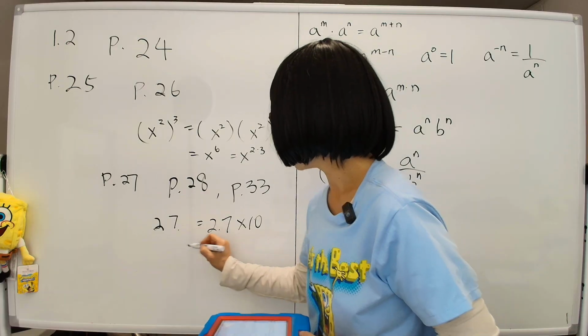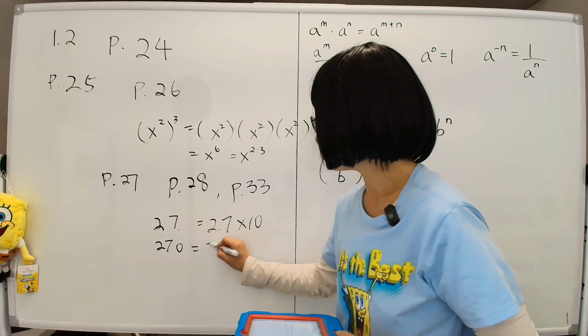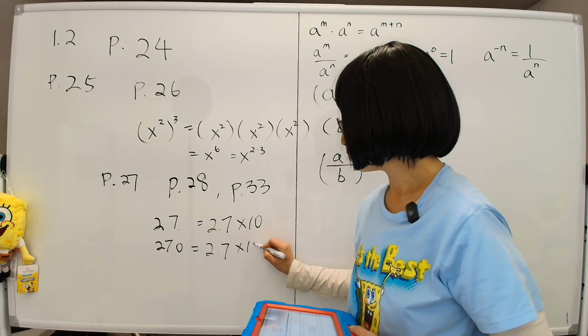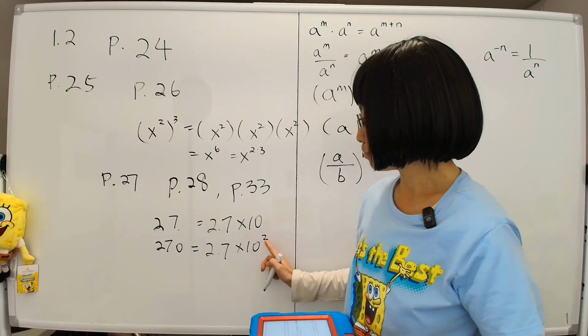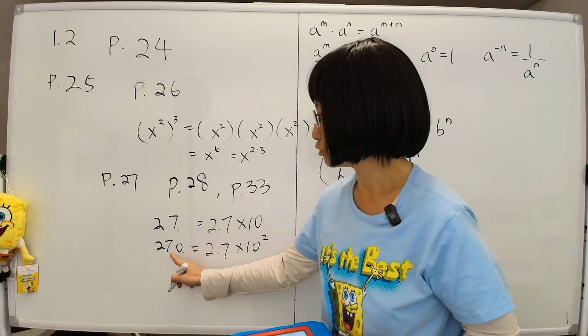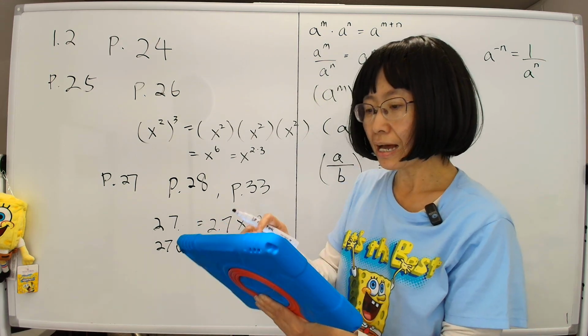Now, what if we have 270? That would still equal 2.7 times 100, which we write as 10 to the power 2. What 10 to the power 2 means is that we moved the decimal point 2 places. For a giant number, the principle doesn't change.